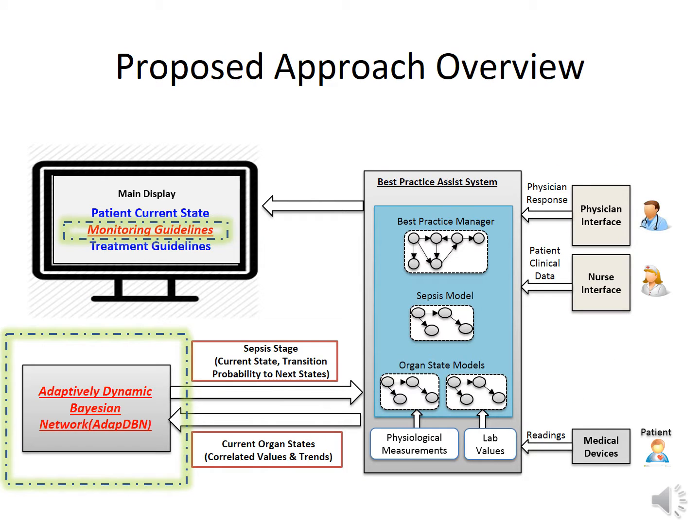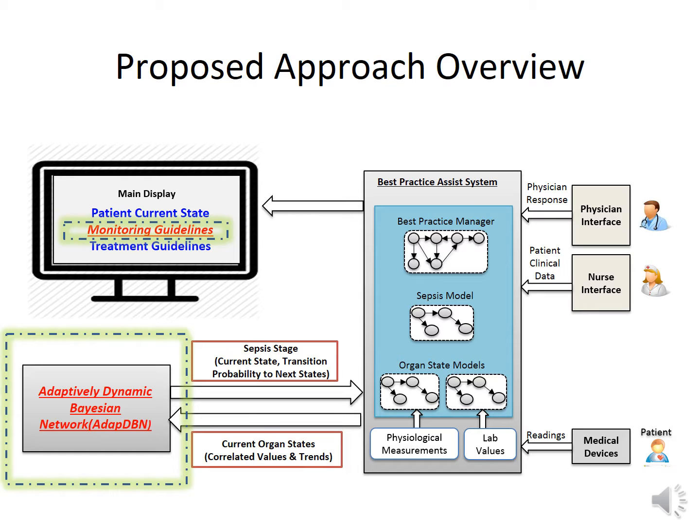Let's see the proposed approach overview. When a patient comes in, the vital signs will be sampled by medical devices such as sensors. Those sensor data will be input into the adaptively dynamic Bayesian network for risk calculation.